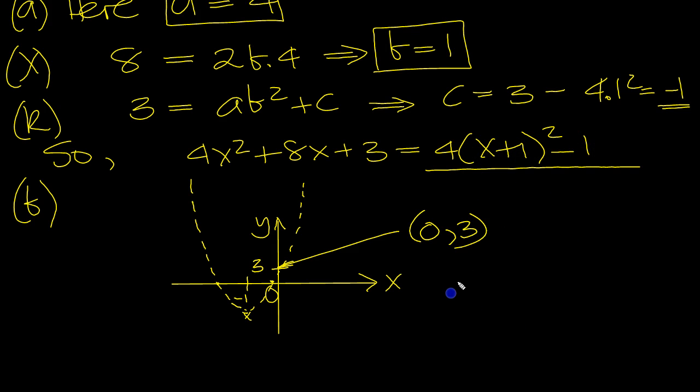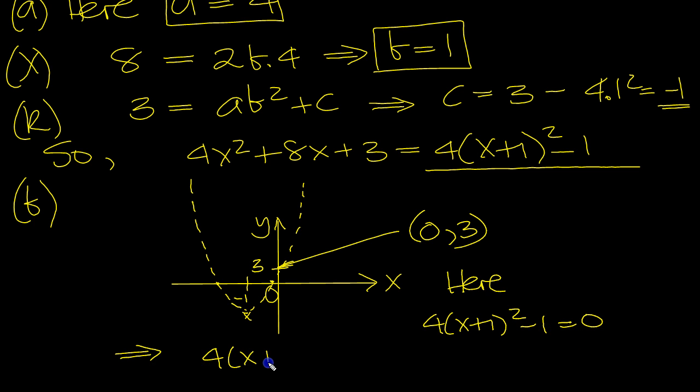These values are when y equals 0. So here, if we look at those, we'll have 4 times x plus 1 squared minus 1 equals 0. So 4 brackets x plus 1 squared equals 1. Move the 1 over. Move the 4 from times to divide. X plus 1 squared is equal to 1/4.